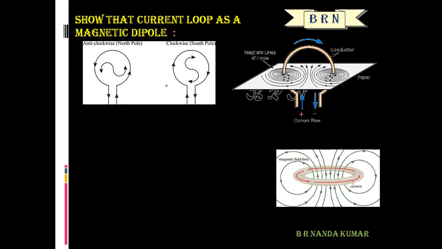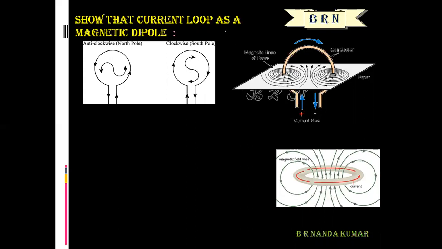The face of the current loop in which the current flows in clockwise direction behaves like a south pole.